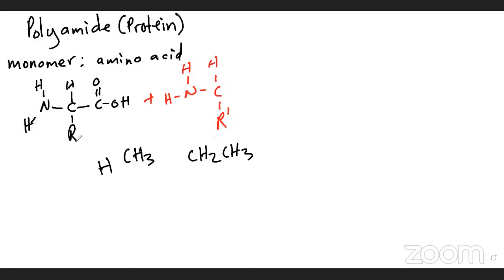So you put R on the first one and you put R prime. Again, we are always taking away OH from the acid, hydrogen from the amine or the alcohol. So the R group represents this side chain. If I put R prime, I'm just showing you that the R groups are different.